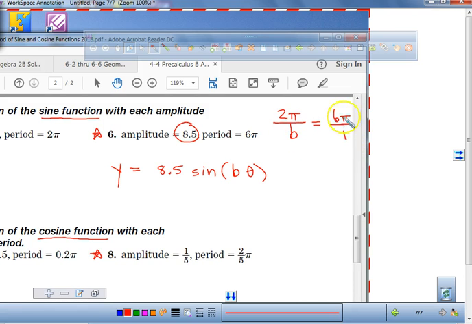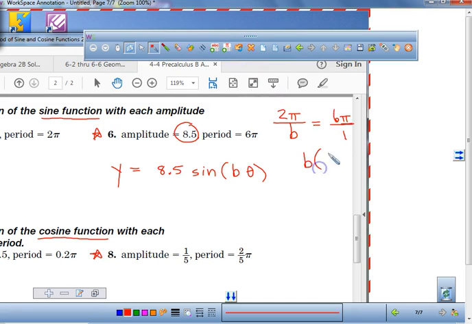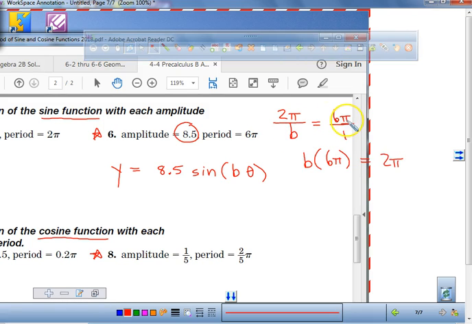So if we cross multiply, we get b times 6 pi equals 2 pi times 1. So what are we going to have to divide both sides by? 6 pi on this side and 6 pi on that side. Your b value is going to be 3 pi. No, it's not going to be 3 pi, but it's close. It's the third. Yes, you're right.